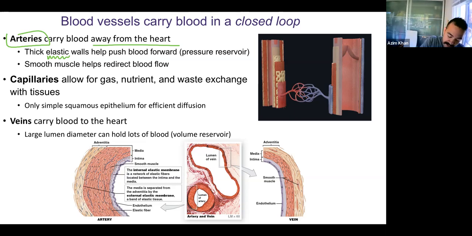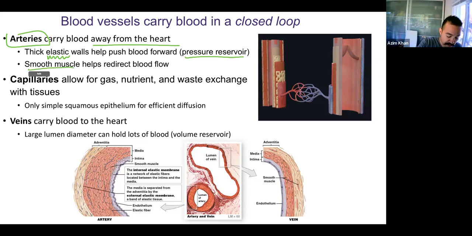This snapping back and pushing blood forward serves as a pressure reservoir. Reservoir means to hold on to something, like if you have a reservoir of water, a big pond of water. Here we're holding on to pressure. As blood pushes onto the walls of the artery, it then snaps back and keeps pushing blood forward.